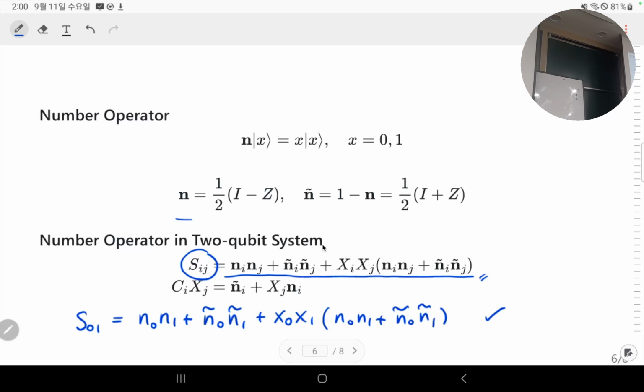Do you have a question? I don't know how to start. How to start? Okay, so you have to start from what's the meaning of this operator, N0, N1. What do they do?